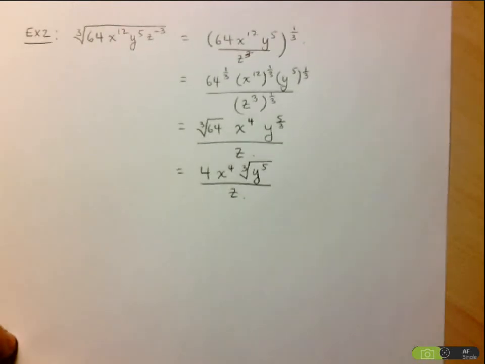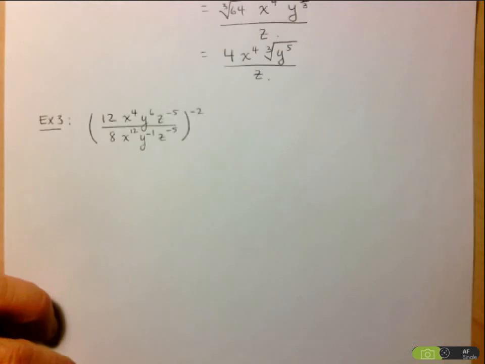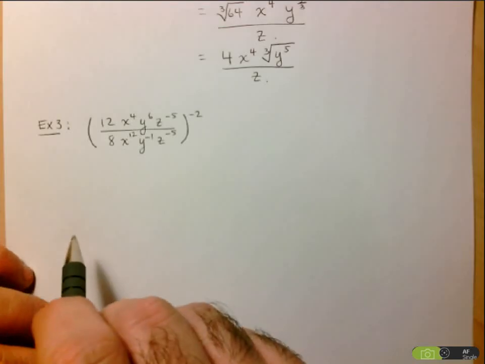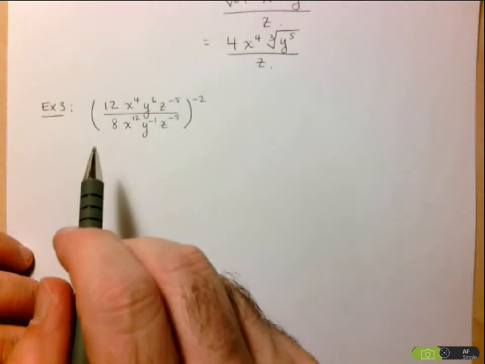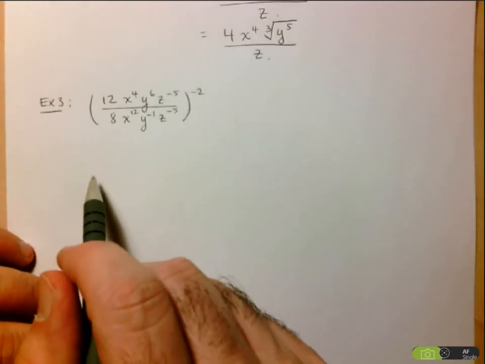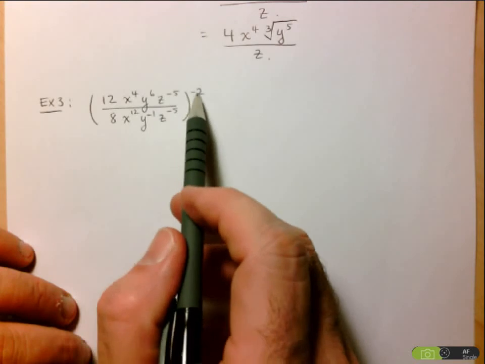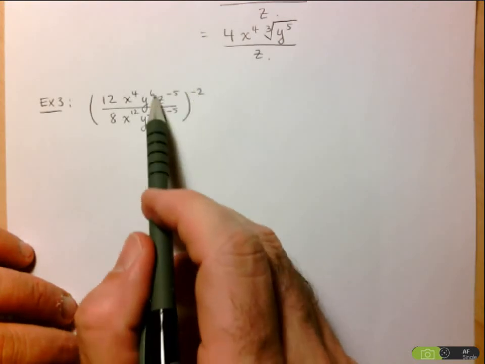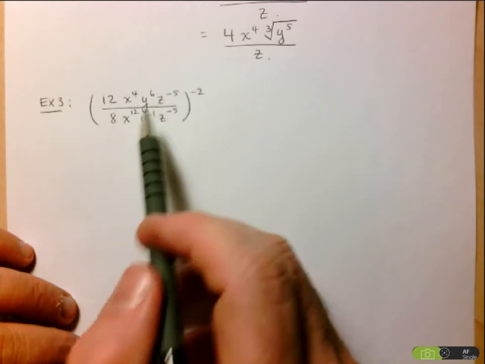Okay, let's take a look at one more example. This last example has got a bit of everything in it, and there's more than one way in which you can start the problem. I might right away look at this negative in the exponent and take the reciprocal of the base.